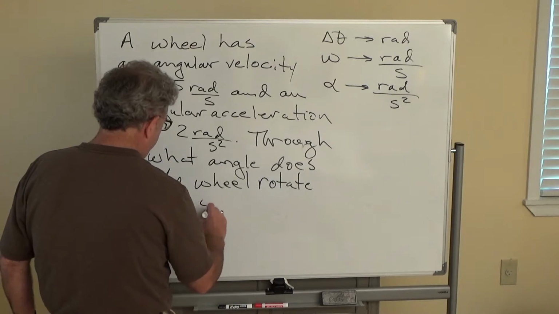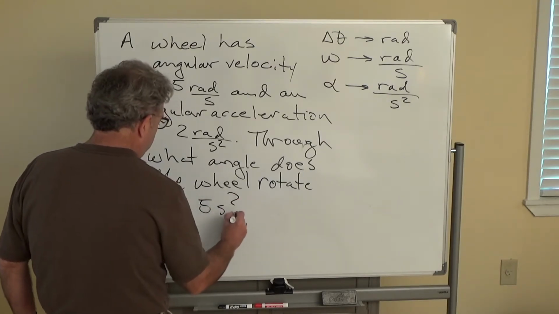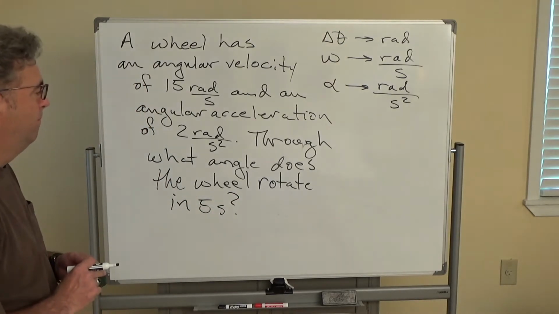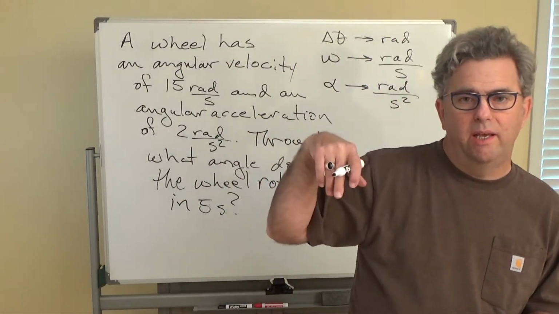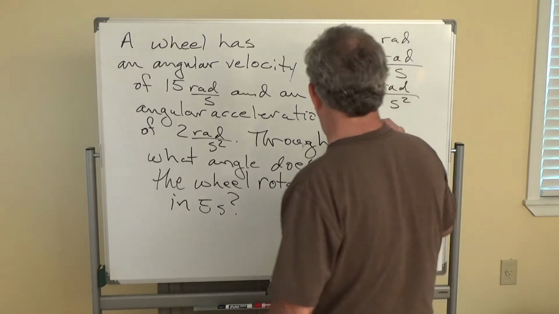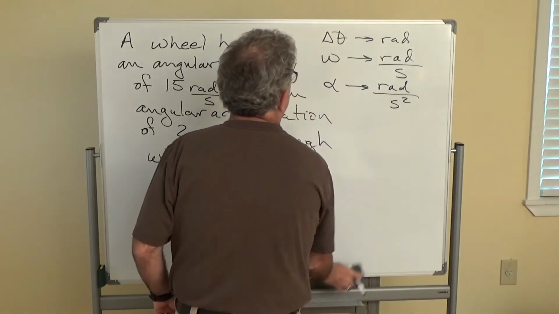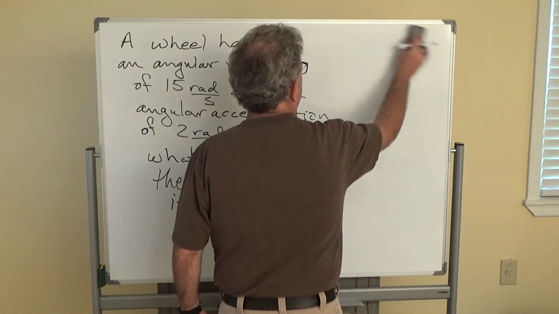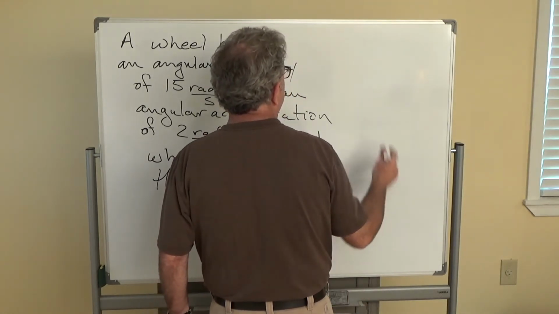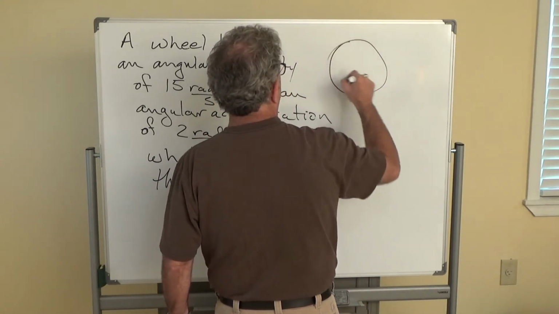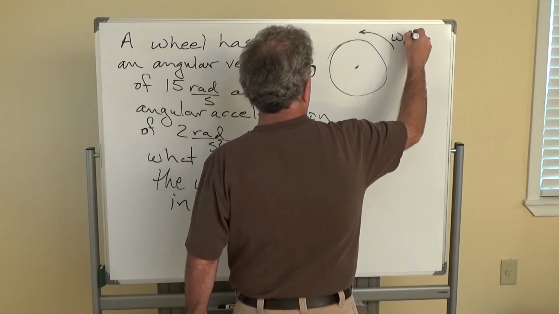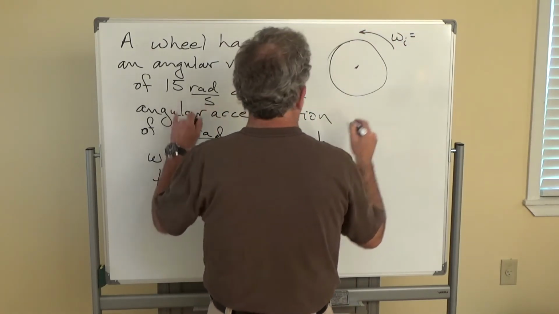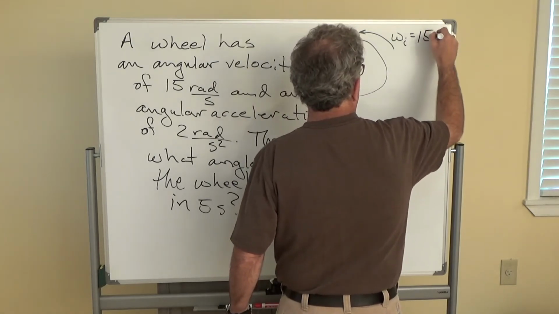Okay. So this thing's rotating. Not only is it rotating, it's speeding up. Something is accelerating it. So it's rotating. Omega initial is equal to 15 radians per second.